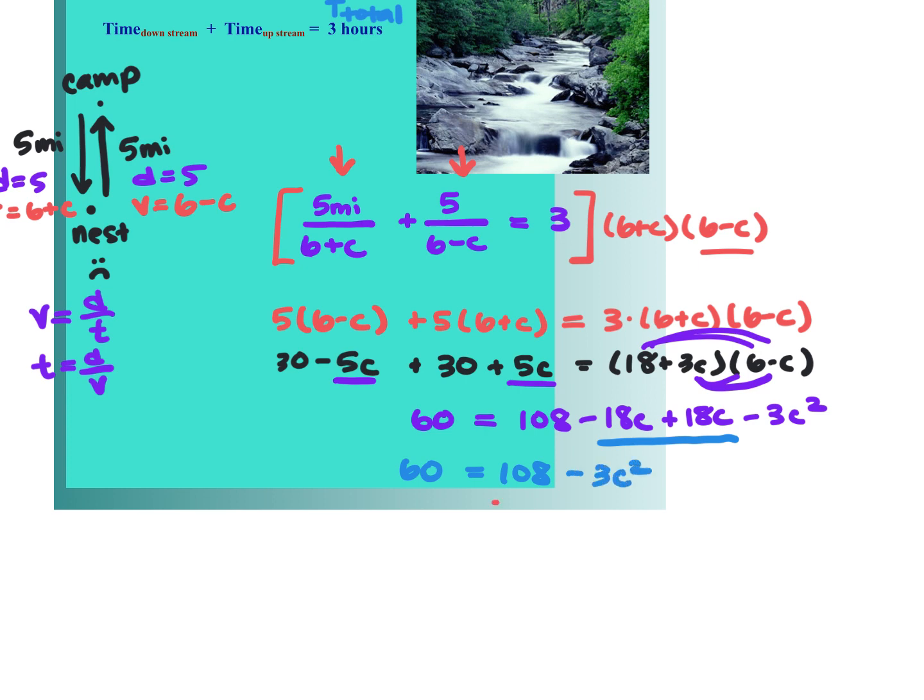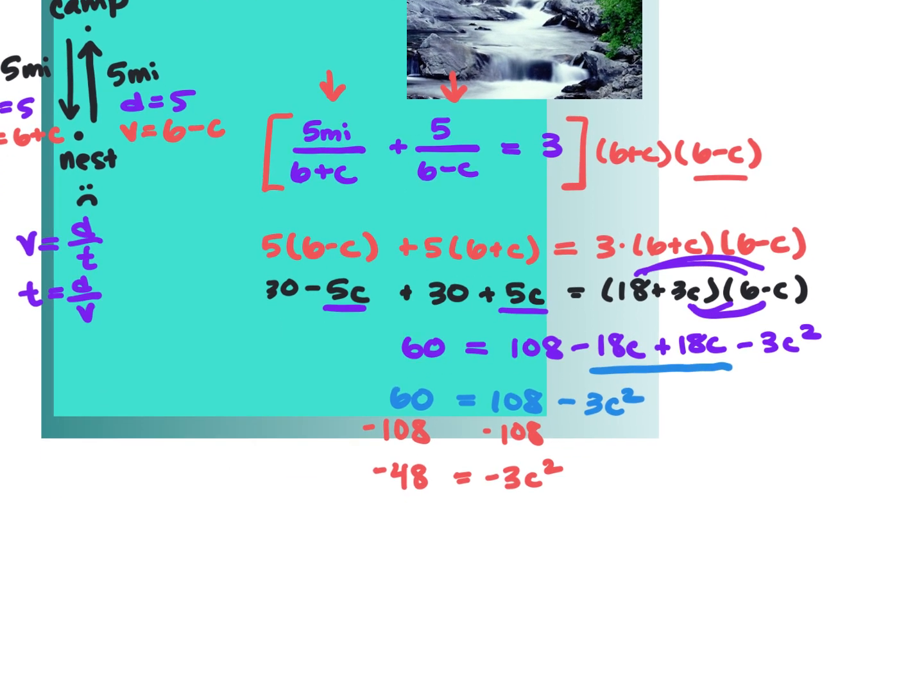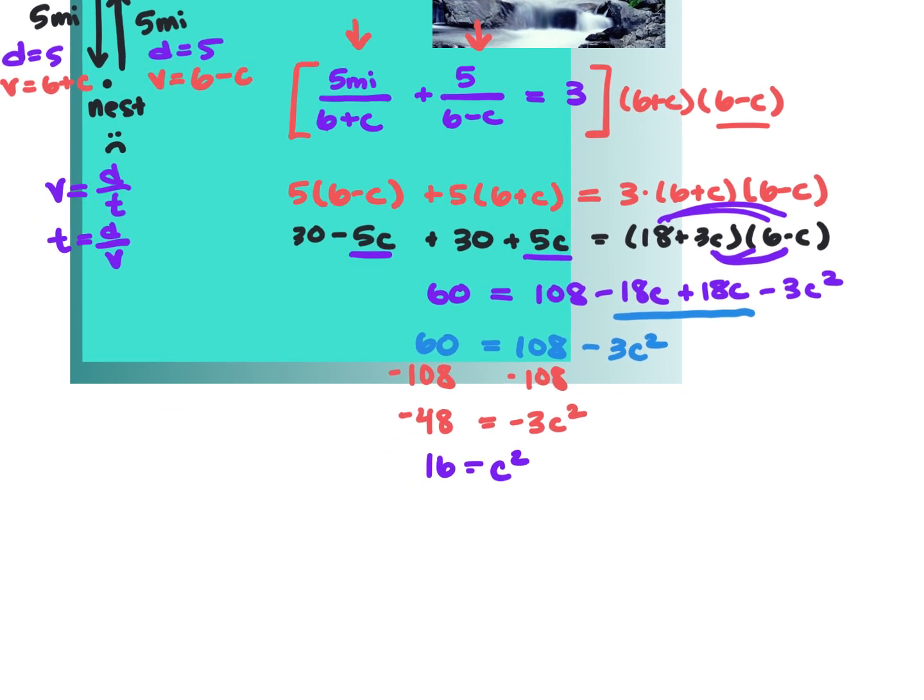From here, I'm going to solve for C by isolating that variable. I'm going to subtract 108 from both sides. I get negative 48 is equal to negative 3C squared. Dividing both sides by negative 3, I get a positive 16 is equal to C squared, which if I take the square root, I should get positive or negative 4.